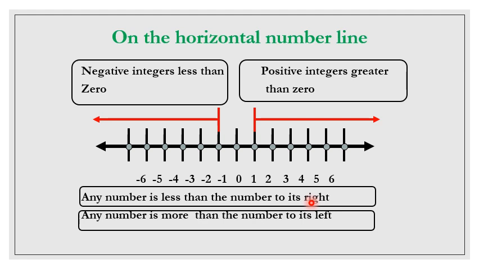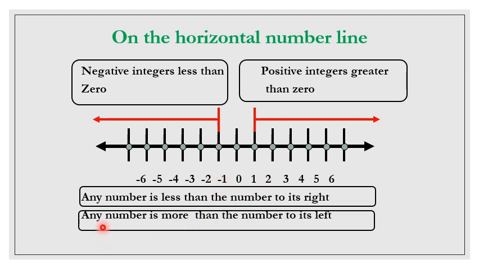If I want to compare negative 1 with positive 2, as this statement says, any number is less than the number to its right, so negative 1 will be less than positive 2, because 2 is greater than negative 1.